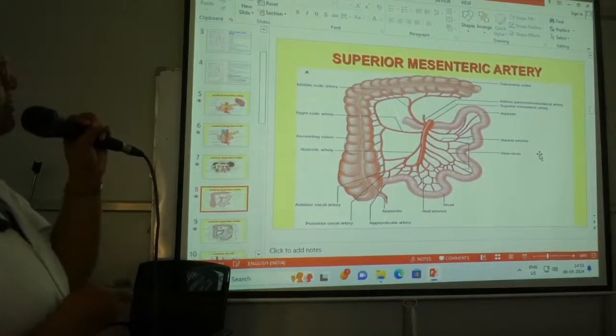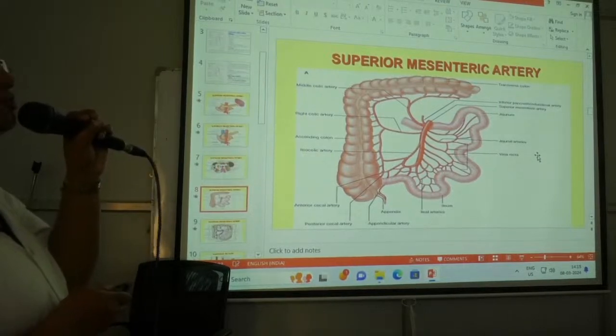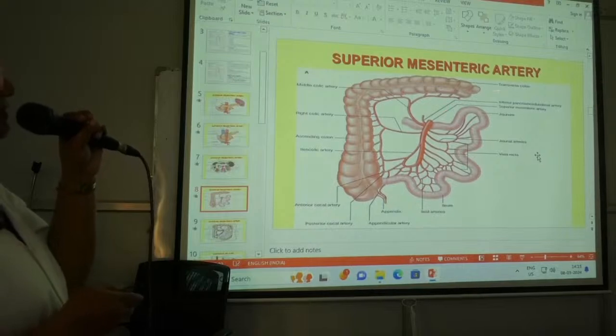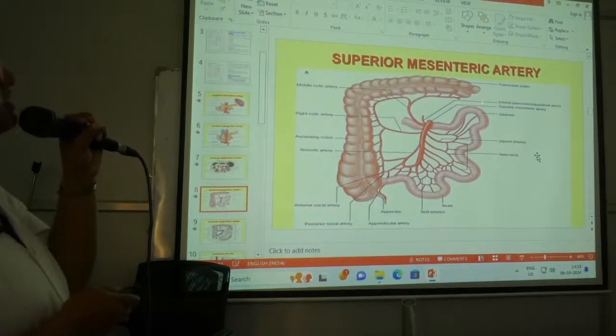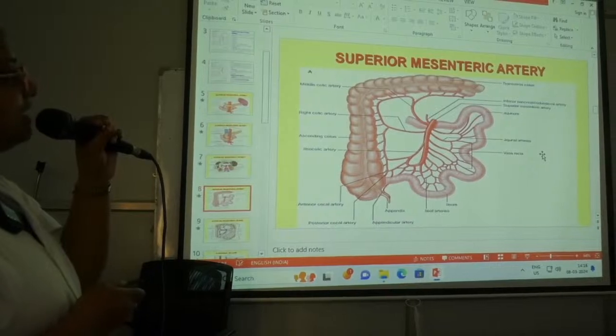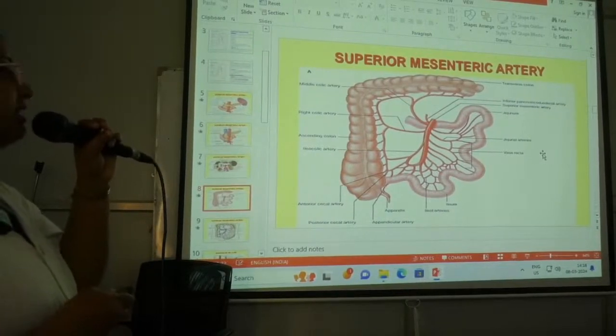Now you see this middle colic artery, it is again divided into two branches, one right branch and one left branch. The left branch anastomoses with the ascending branch of the left colic, and this right branch anastomoses with the ascending branch of the right colic artery.